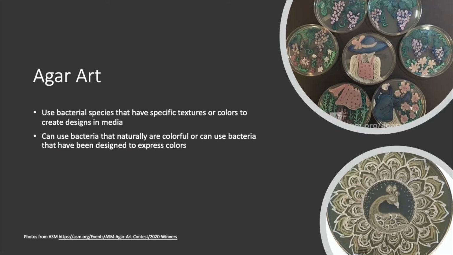You can use bacterial cultures that have specific colors or even textures to make the different designs. There are also ways to alter the genomes of bacteria to make them fluoresce a specific color. So you can use either naturally occurring ones, like the Photobacterium phosphorium that we used, or artificially colored bacteria.